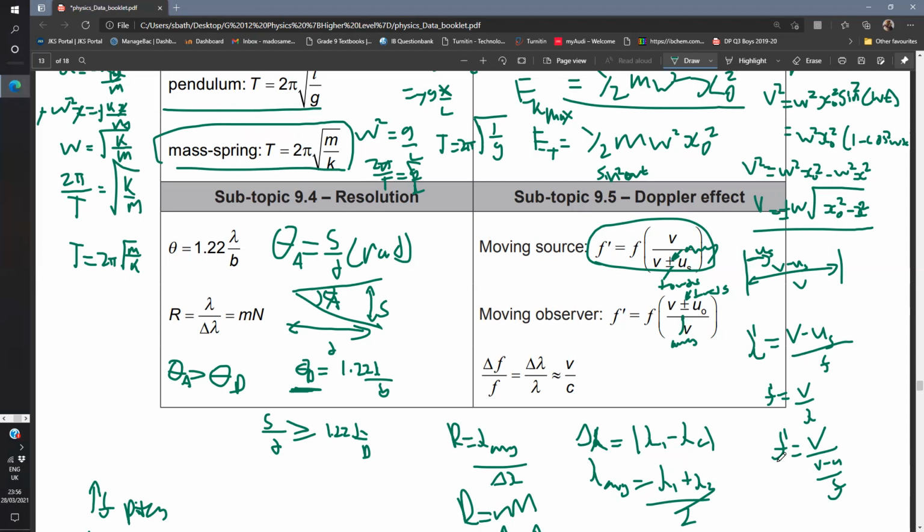And then we end up with this equation. Similar concept for the second one as well.